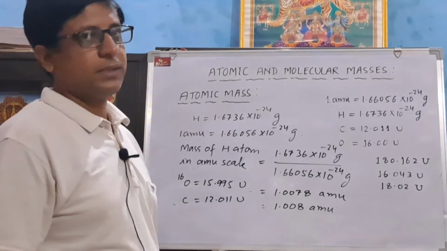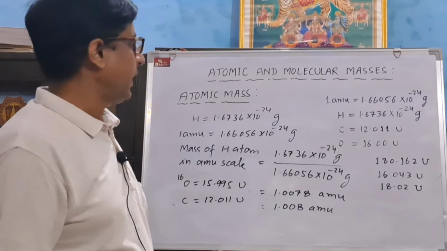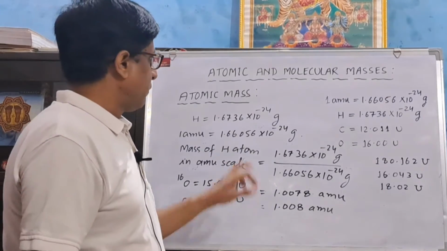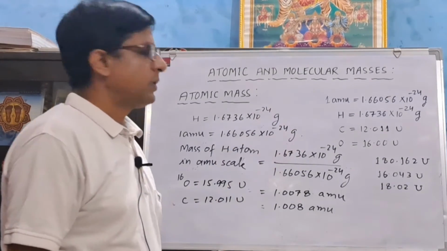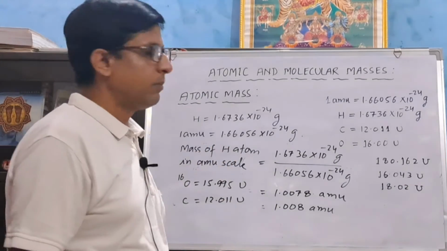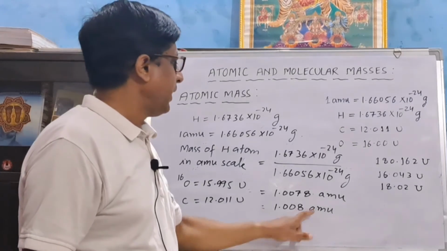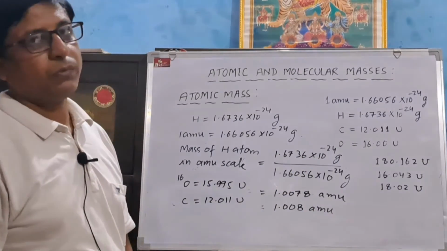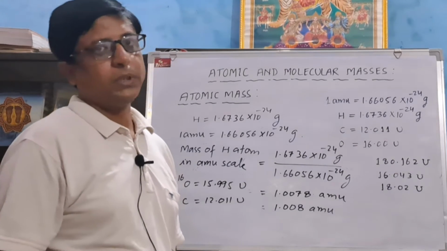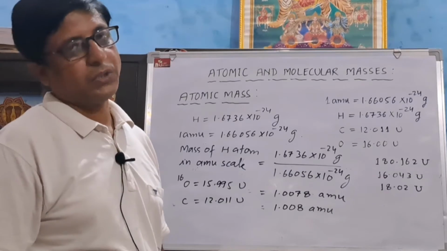Nowadays, atomic mass is given on the basis of the carbon-12 atom. 1 u stands for 1.66056 × 10^-24 gram. The mass of one hydrogen atom on the u scale comes out to be 1.008 u. One atomic mass unit is equal to 1/12 the mass of one carbon-12 isotope.